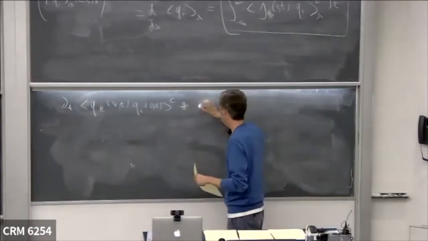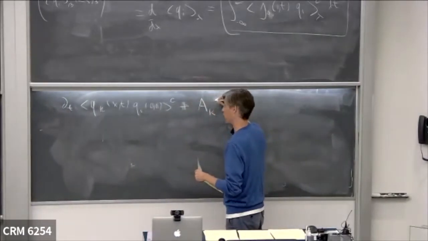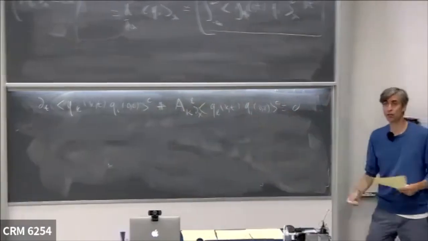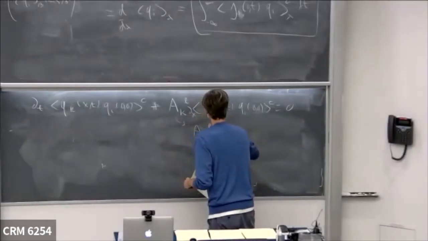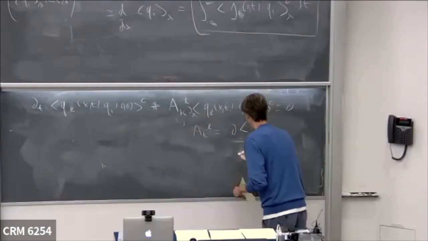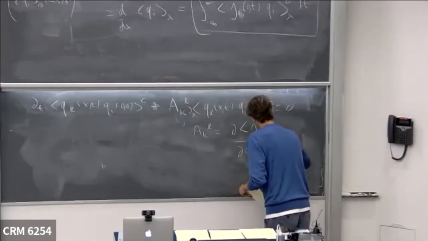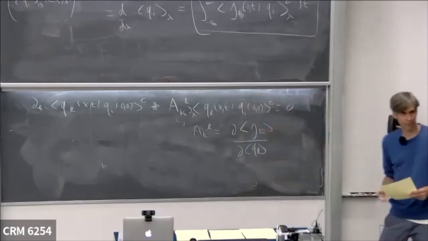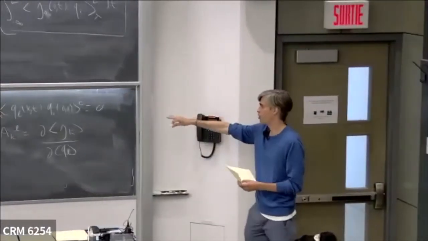It can be written with this flux Jacobian, the linearization of the Euler equation: the derivative of the average kth current divided by the average Lth densities in the state.